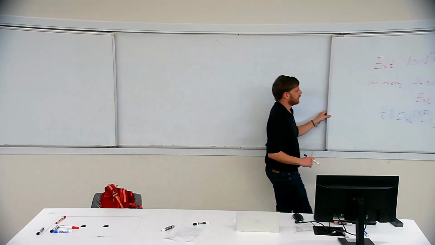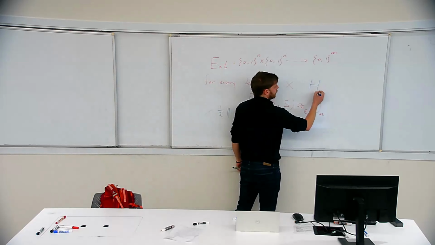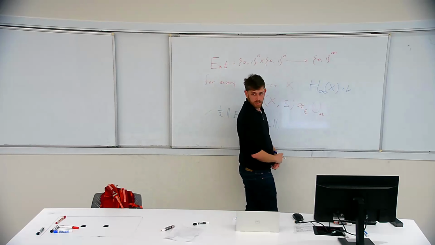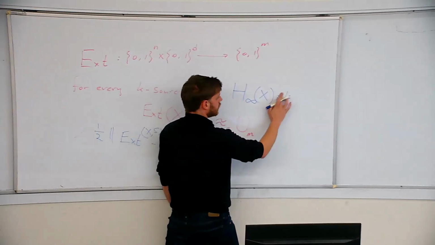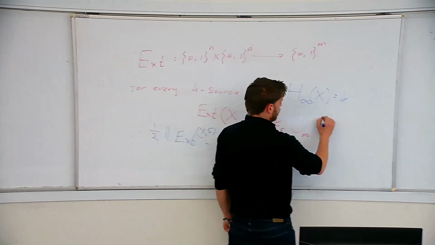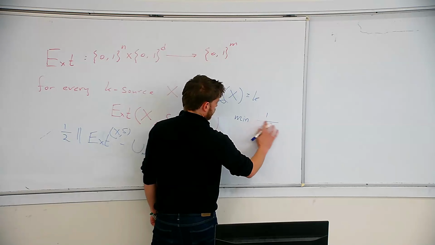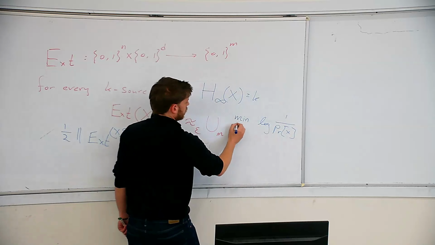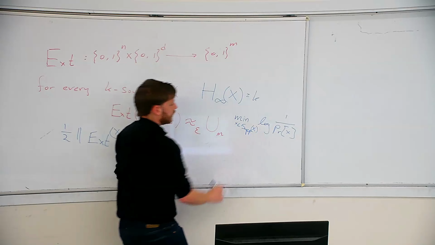Let's just say what a K-source is. It means that the min-entropy of X is at least K, which means the minimum over x in the support of log 1 over the probability of X. Familiar?